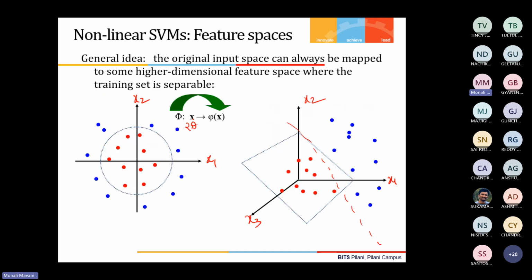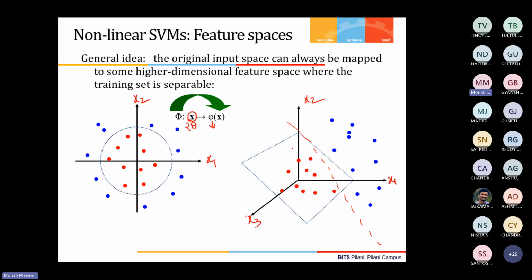Mathematically, the original feature space is transformed to a high-dimensional feature space, and the original data set, which was non-linear in the feature space, becomes linear in the transformed high-dimensional feature space.